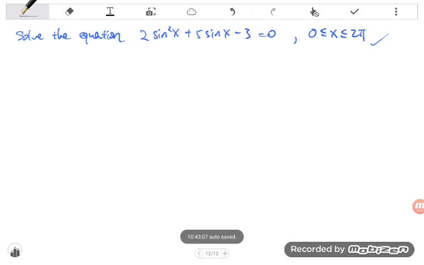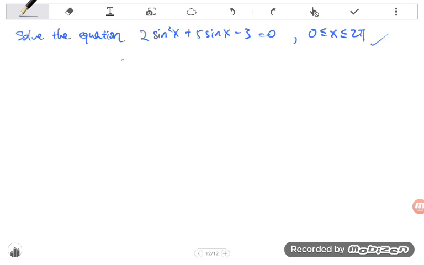Now what about the equation itself? The equation is a bit tricky. We have never tried to solve trig equations where the power is higher than 1. This trig equation has a power of 2. So how do I approach this? Similarly, I'm going to introduce, say, w. Let me just use a different letter.